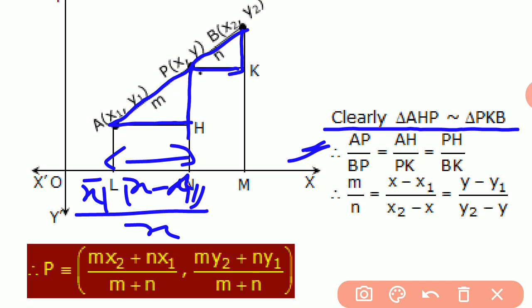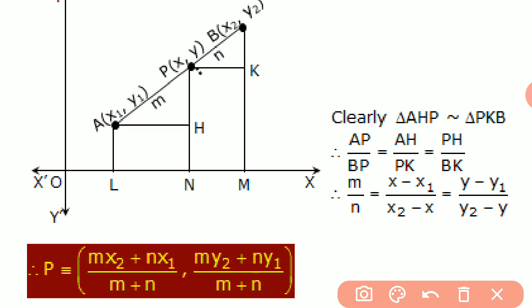Similarly we will find this value and the other value. So we will write like this: m by n equals (x minus x1) upon (x2 minus x) equals (y minus y1) upon (y2 minus y).